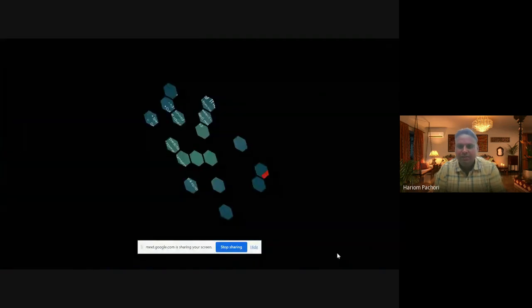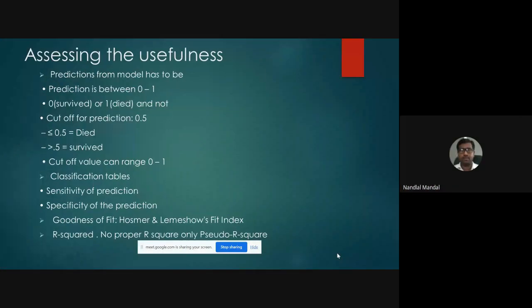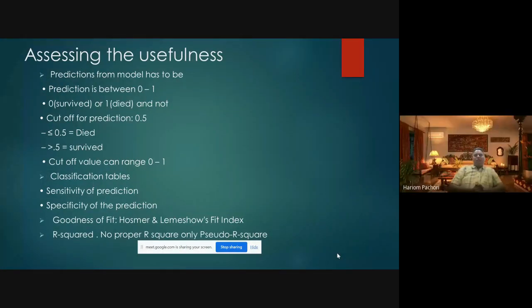Can you see this? R square? Yes, sir. So whenever we are doing linear regression, we get the value in terms of R square. If you got an R square value of 0.34, then what do you interpret from this value? What is the meaning of an R square value of 0.34?